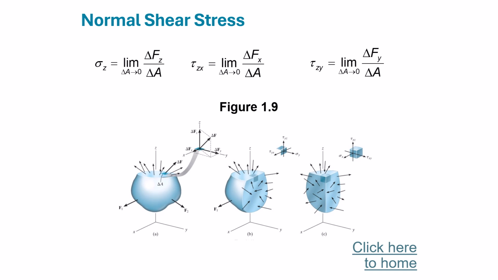So we have sigma z, which is normal stress, is force over area, and that is the limit as area tends to 0.